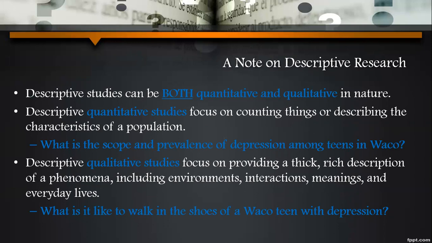So we're still not looking at the relationship between variables or the impact of a given independent variable on a dependent, but this kind of study still produces quantitative data because we're talking about the scope and prevalence of a particular phenomena, okay? Now, descriptive qualitative studies focus on providing thick, rich descriptions of phenomena, including environments, interactions, meanings, and everyday lives.